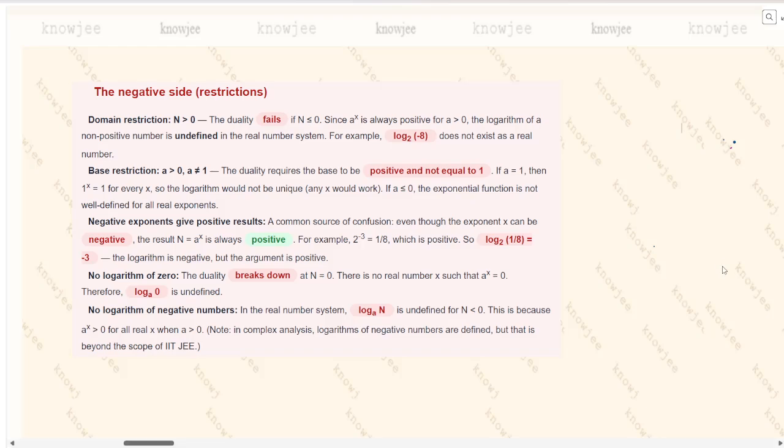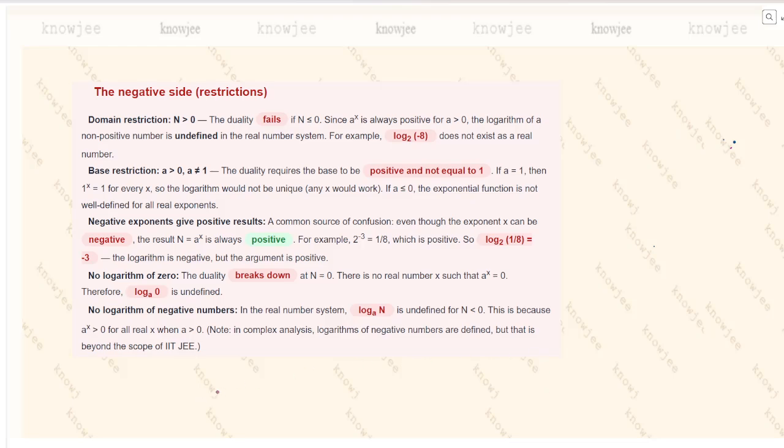No logarithm of negative numbers. So if n is less than 0, then logarithm is not defined. A to the power x is greater than 0 for all x when a is greater than 0. This is fundamental.